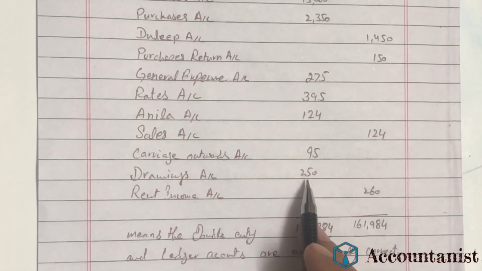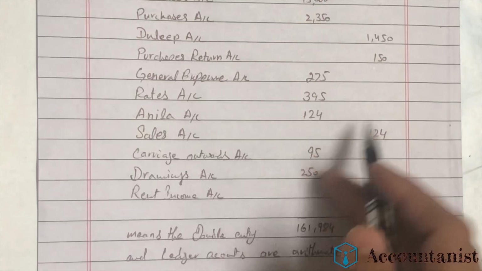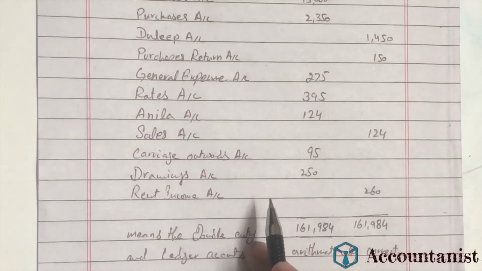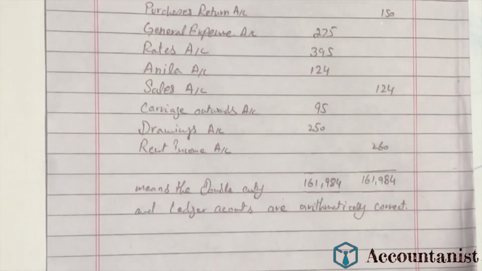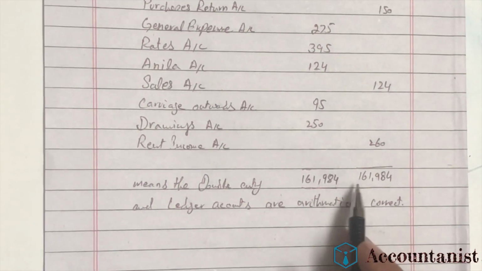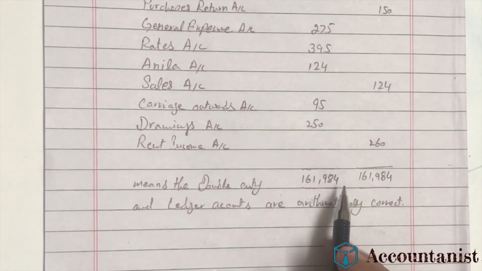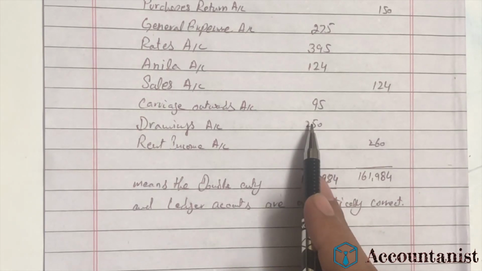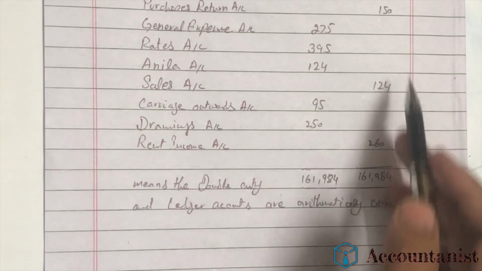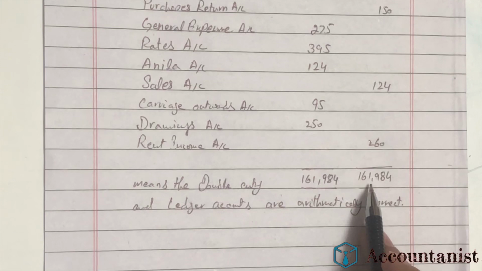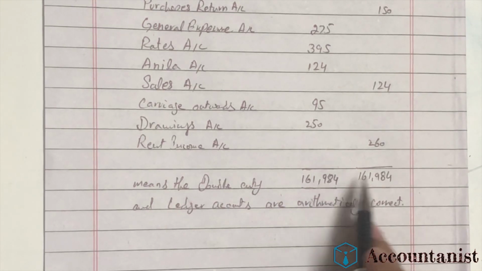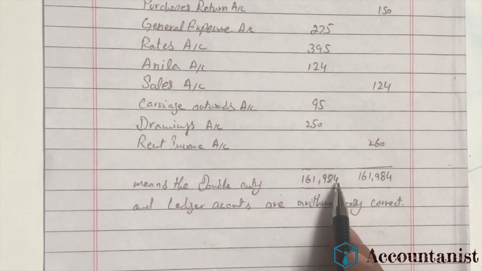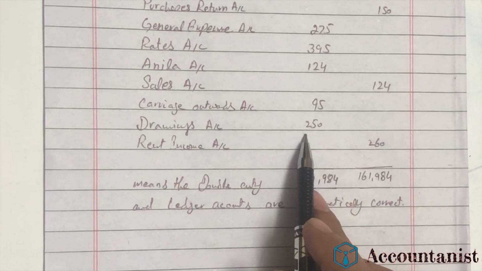So in that scenario you guys have to fill this up, make the trial balance, and then you have to balance it off. So the difference between debit and credit side means the difference between these two figures will be the figure of the drawings. So in that particular scenario, this credit side will give you the bigger number as compared to the debit side total. So the difference between these two numbers will be 250. That will give you the drawings figure.